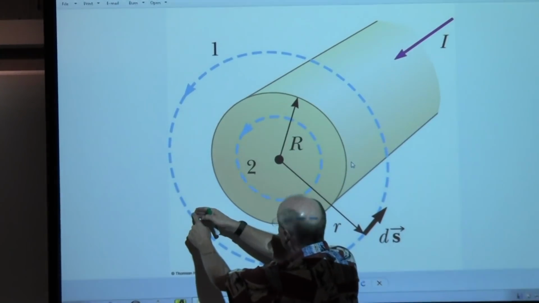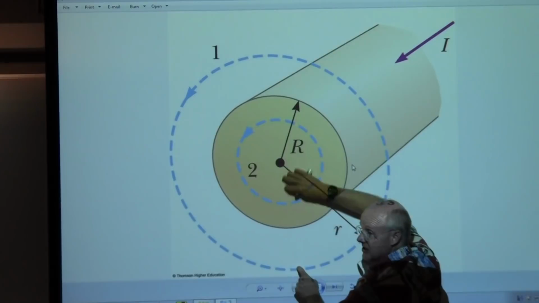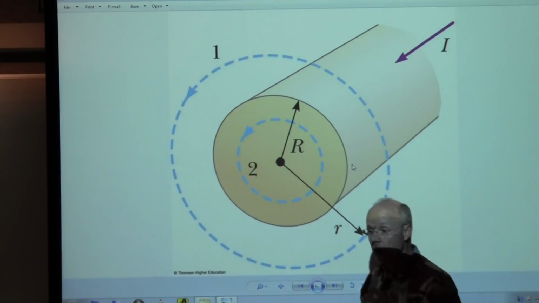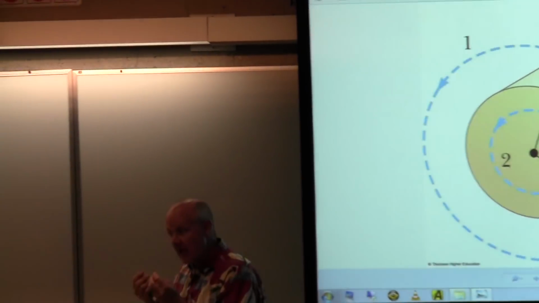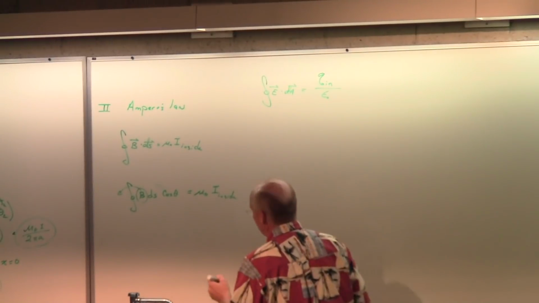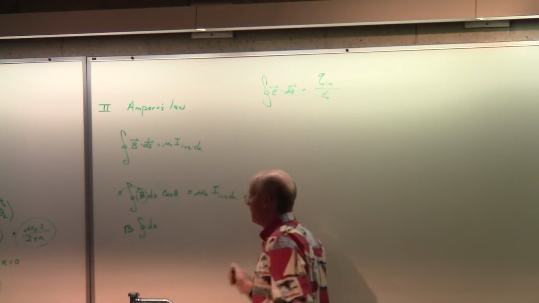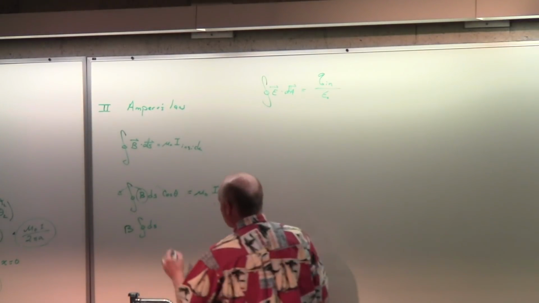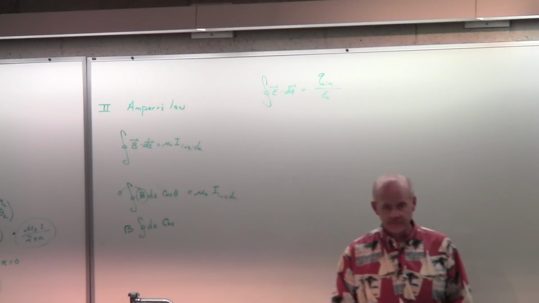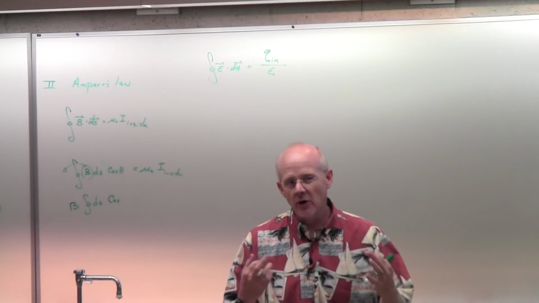You stand here, and as you look, you'll see a current distribution. If you stand here, you will see the same current distribution. If you stand here, you see the same current distribution. Knowing that the magnetic field comes from the current distribution, our argument is that B is therefore a constant throughout that loop. Okay? Direction.